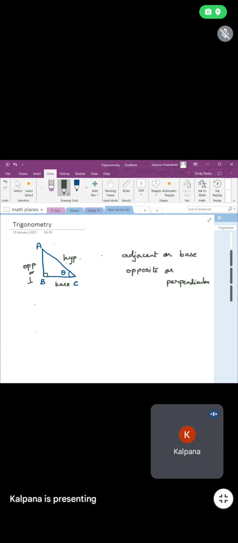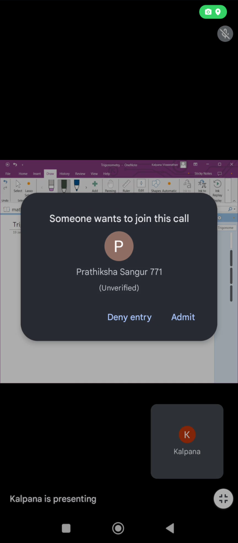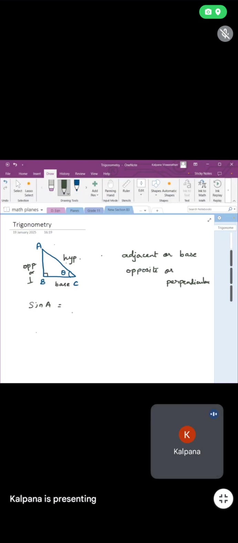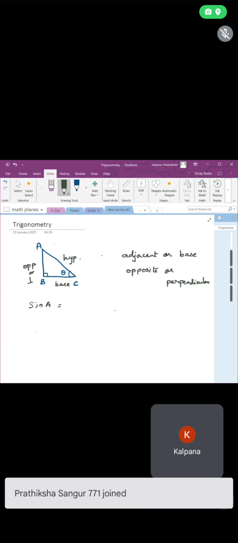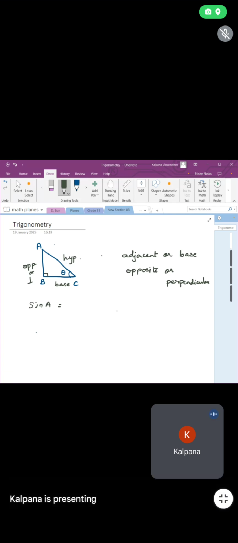So we have basically 6 trigonometric ratios. What is sine A? Sine A is 1 by cosecant A, that is called the reciprocal ratios. Now normal trigonometric ratios. So please all of you remember, you all know the sentence "Old Henry and his old aunt".